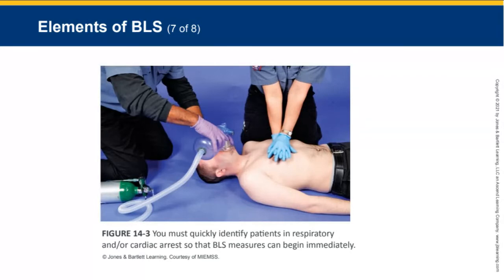If there is nobody initiating CPR prior to your arrival as an EMT, then the patient prognosis will not be good. Rarely those patients will survive.